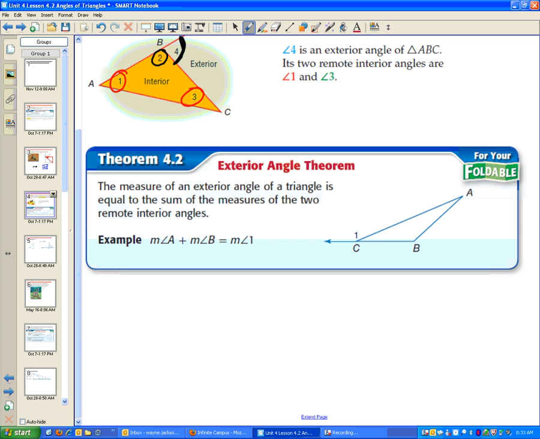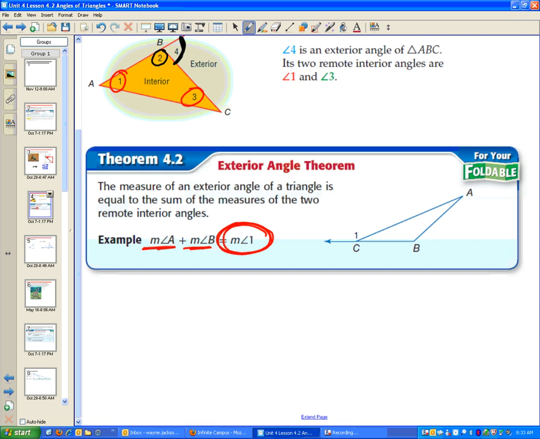Or you might think of it as the sum of the measures of the remote interior angles equals the measure of the exterior angle. Because that's the way they actually wrote their example out. Angle A is one of the remote interior angles. Angle B is the other one. Add their measures together, and it equals the measure of that exterior angle. Questions?